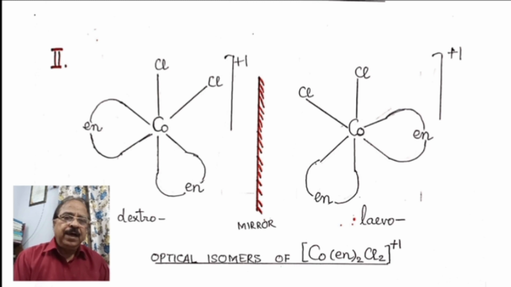Okay, now I have drawn the two structures. One is dextrorotatory and its mirror image is also shown. Now see, the structure of the dextrorotatory compound cannot be superimposed on that of the levorotatory. So they are the two optical isomers of this complex.